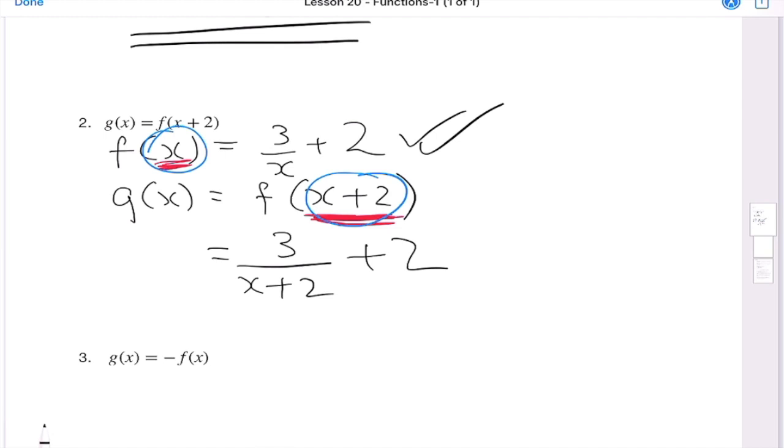And if you were to describe the transformation that happened to f in order to give you g, you will notice, because that is x plus 2, it tells you that the function f was shifted 2 units horizontally to the left.